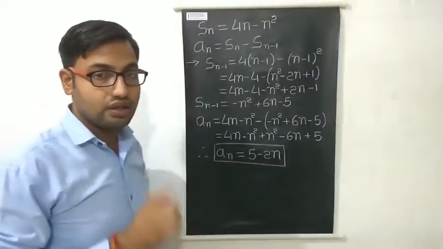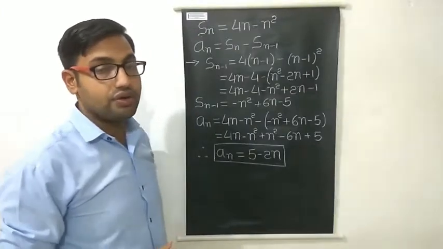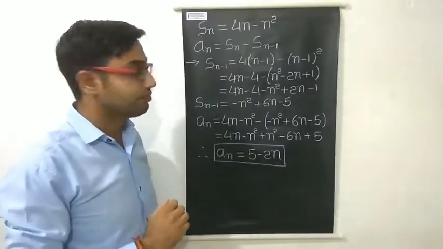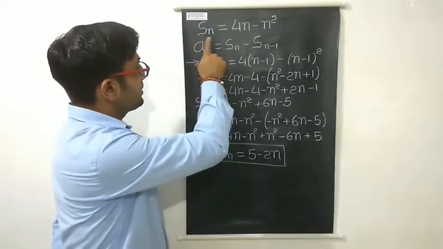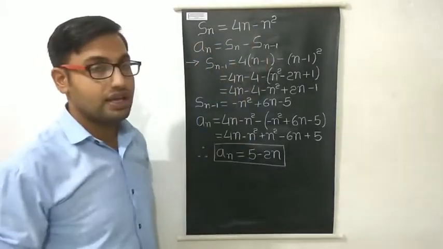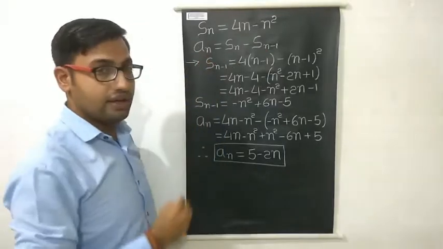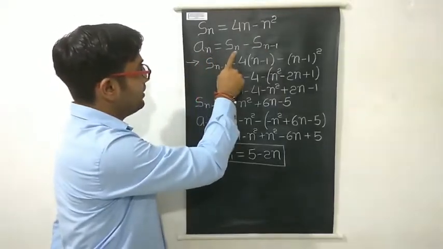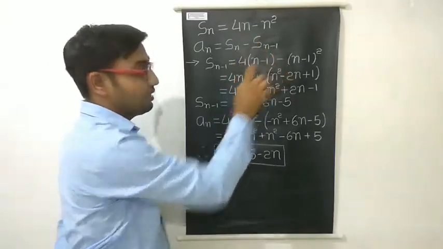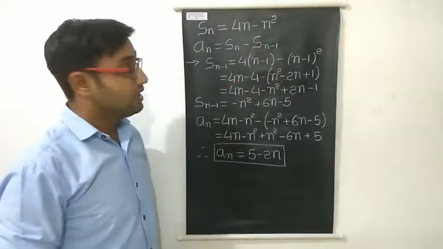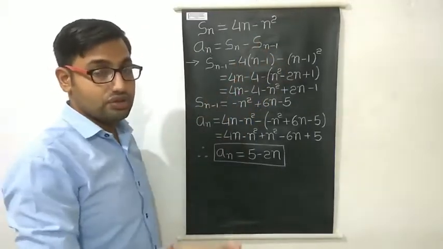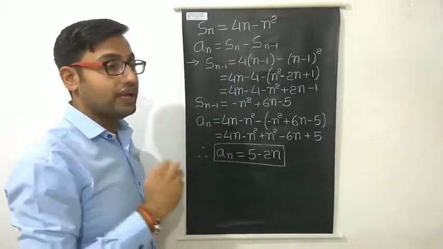Okay? Now we have to find out the value of An. What is Sn? Sn is equal to 4n minus n square. And how can we write An? An is equal to Sn minus Sn minus 1. This is the same thing by which we find the value of An.